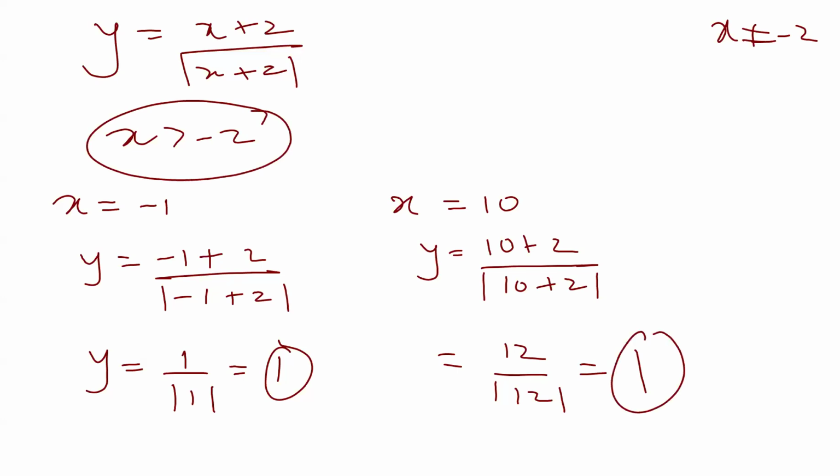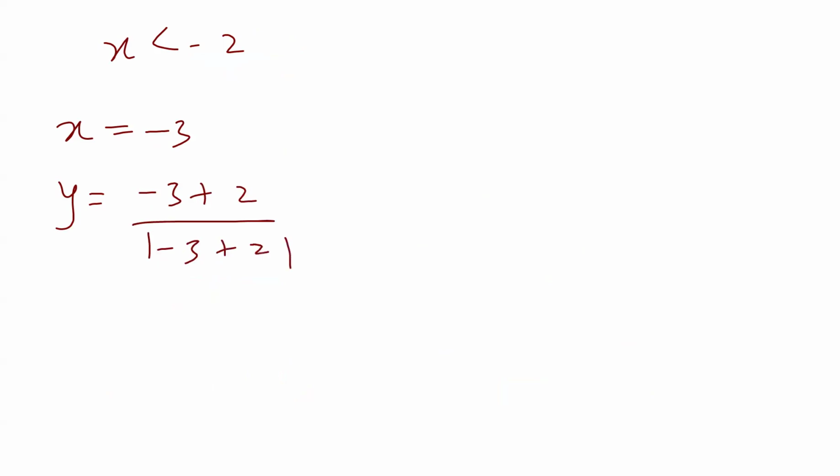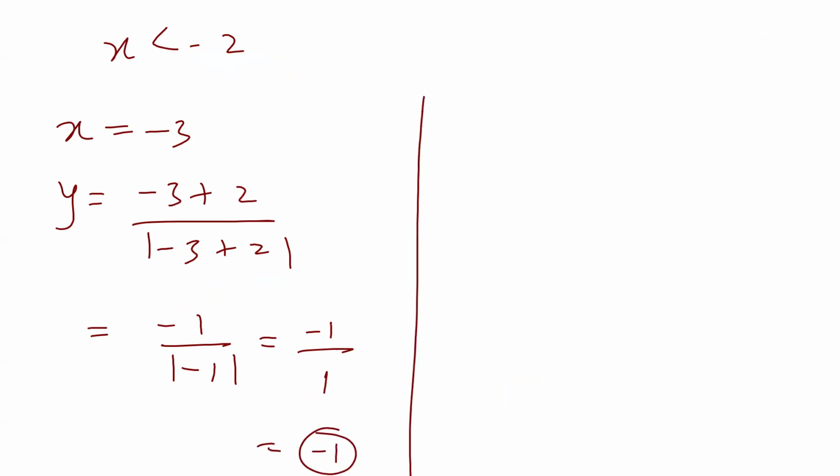Let's take some negative values. x is less than minus 2. If x is, let's say, minus 3, y will be minus 3 plus 2 upon modulus of minus 3 plus 2. So that is equal to minus 1 upon modulus of minus 1, which is minus 1.